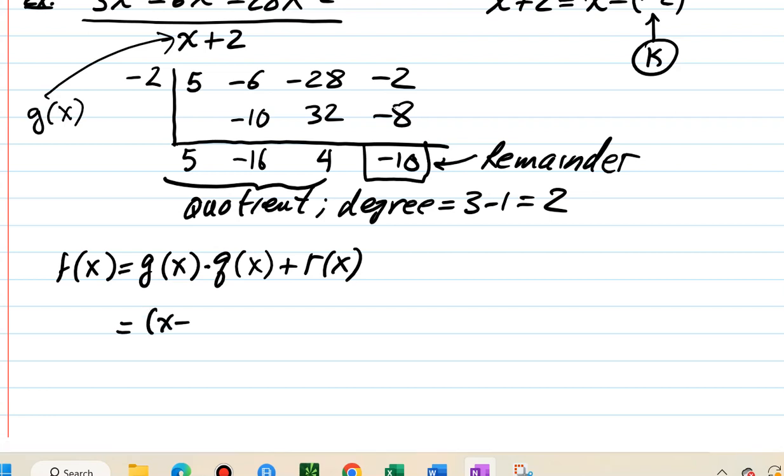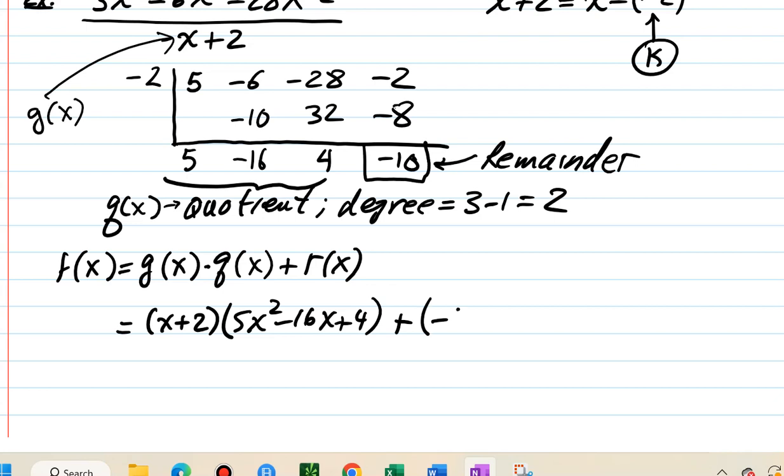So this would be x plus 2 times the quotient q of x, which is 5x squared minus 16x plus 4. And then, of course, plus a remainder of negative 10.